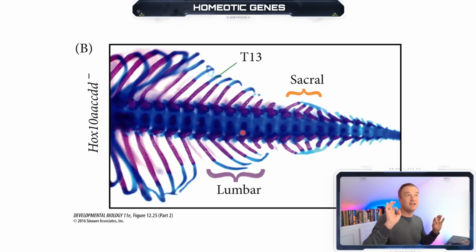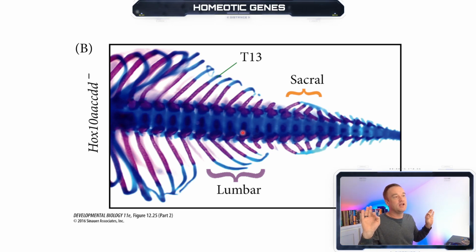So by knocking out this gene, we're not causing a reduction, and if we expressed more of it, we wouldn't cause more or fewer vertebrae. We're just changing the identity of the vertebrae. No matter what we do with the homeotic genes, we're just changing the type of vertebrae, the positional information or characterization of it, not the amount of them.